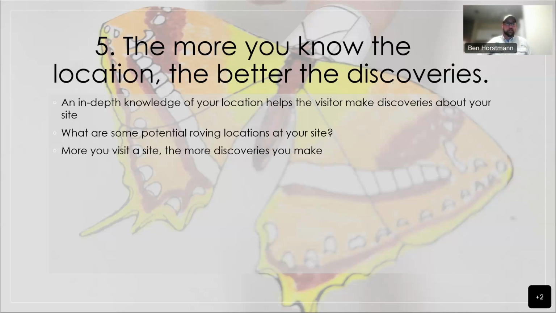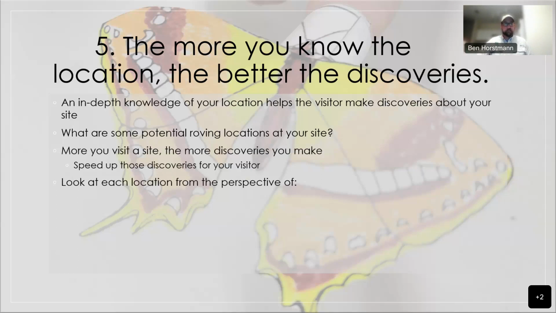The more you do this, the more discoveries you're going to make. I already kind of talked about some of that stuff. Look from the perspective of the visitor. I know that if I go into Goose Island or some of these parks that I've been going to for 12 years, I know exactly where I want to go and what I want to see. But my interest is not necessarily what the visitor's experience will be.